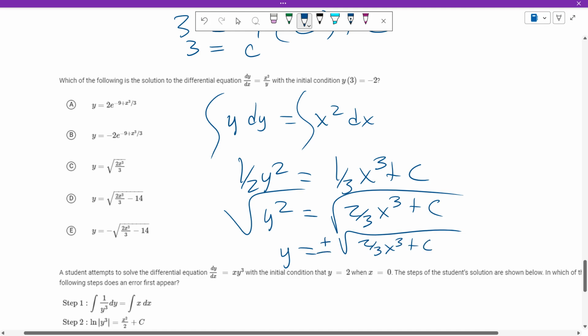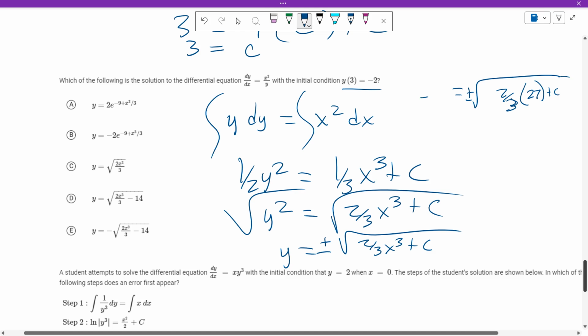So plus or minus the square root of 2/3 x cubed plus c. Now, the initial condition is that. So y equals plus or minus the square root of 2/3 times 3 cubed, which is 27, plus c.